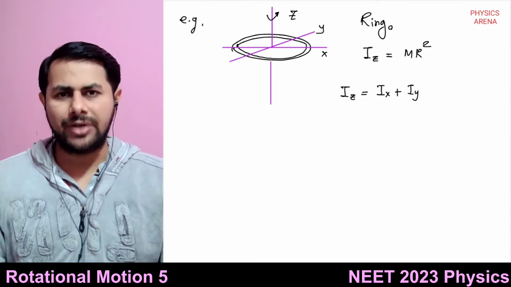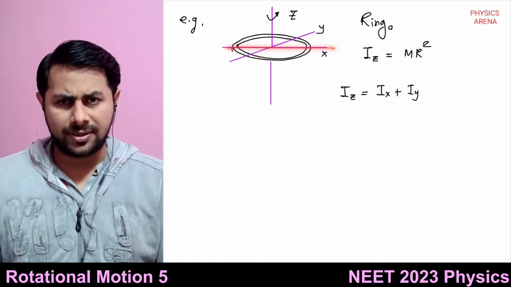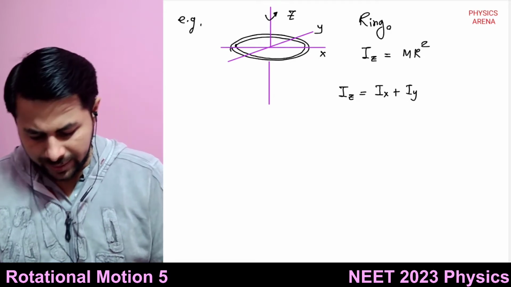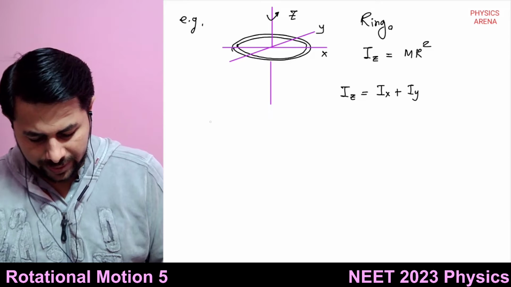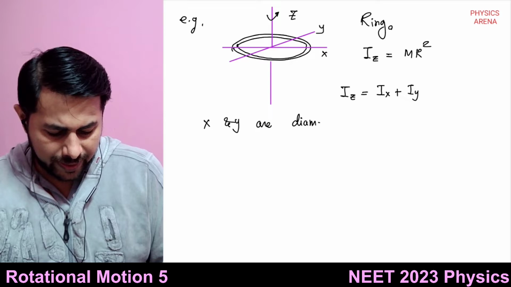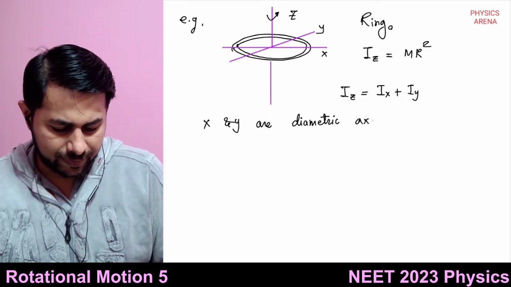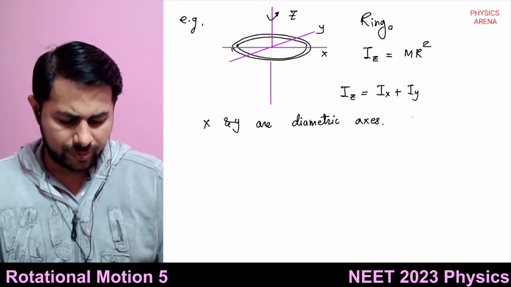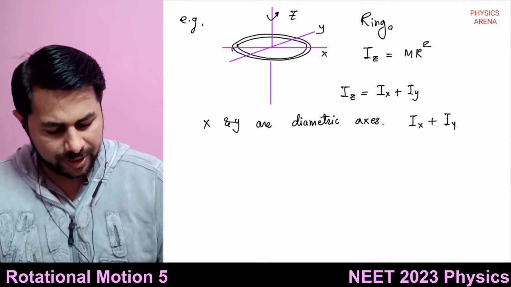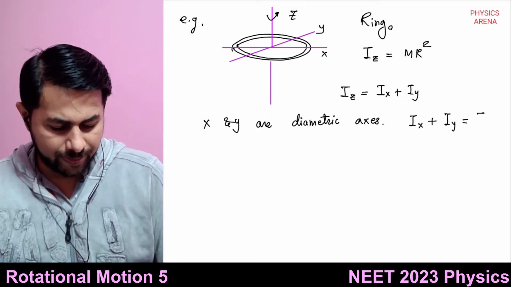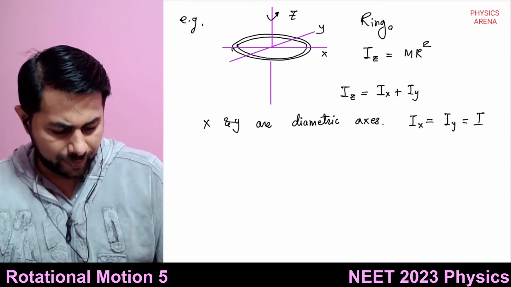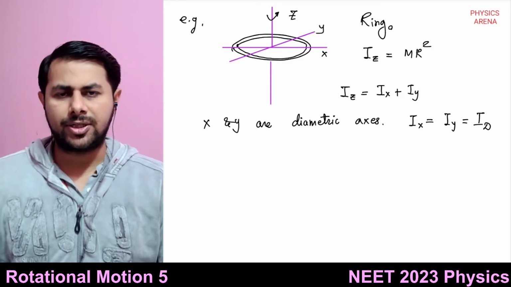So by symmetry we can say the moment of inertia about the x axis will be equal to the moment of inertia about the y axis, both being diametric axes, and equal to the moment of inertia about any diameter.